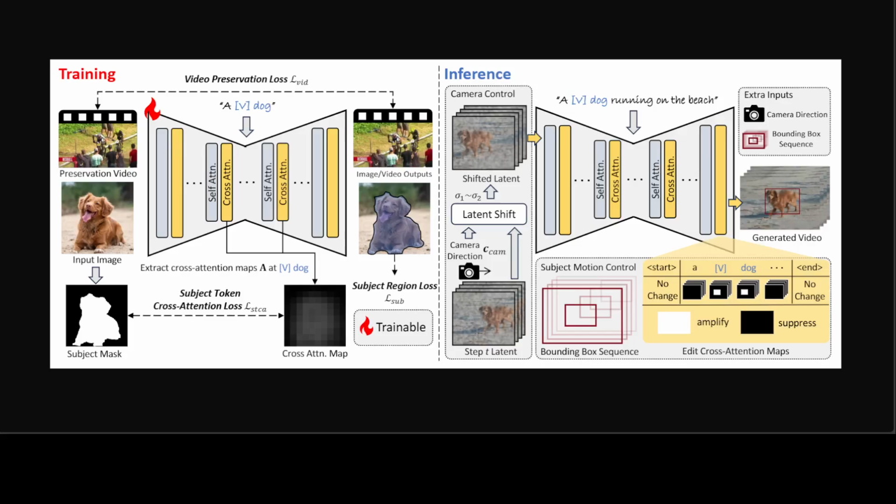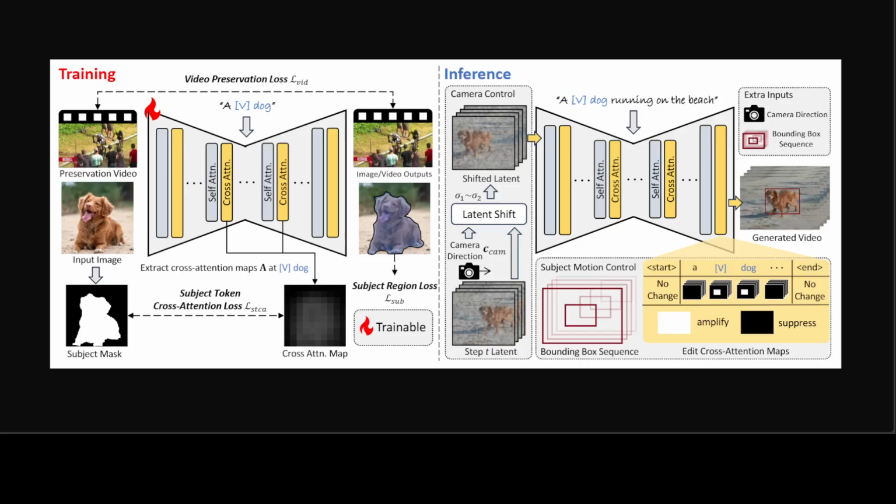They directly manipulate the cross attention maps to control the subject motion, and they have also proposed a novel latent shift module to govern the camera movement. It shifts the noised latent to move the camera pose. Through quantitative and qualitative experiments, they have demonstrated the superiority and effectiveness of the proposed motion control methods, and they can be applied to different base T2V models without further tuning.